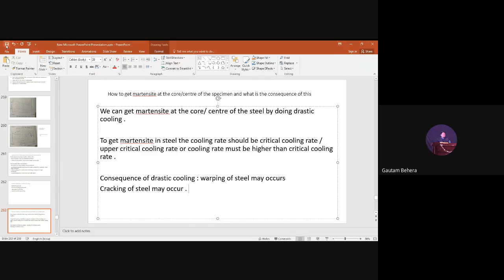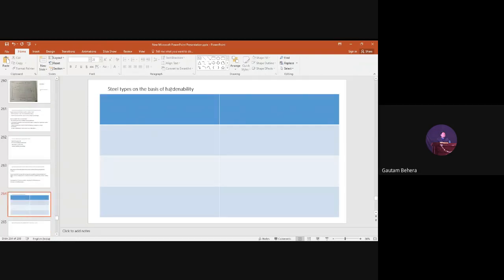Okay, next is steel types on the basis of hardenability. We can classify steel on the basis of the hardenability concept. So we have two types of steel on the basis of hardenability.